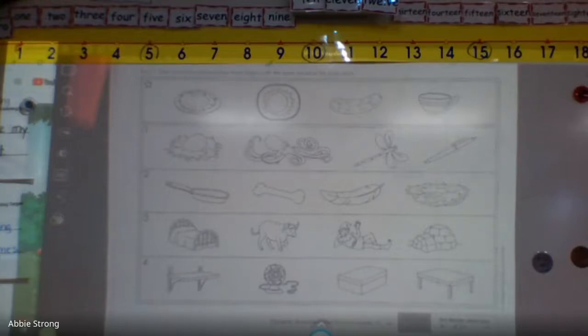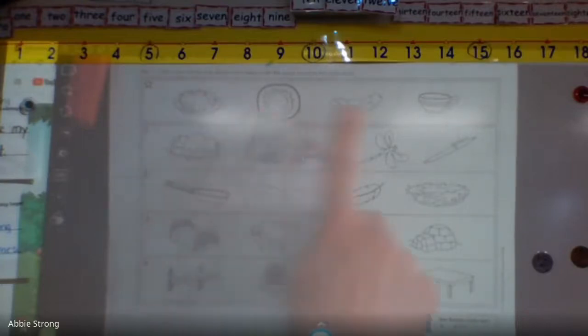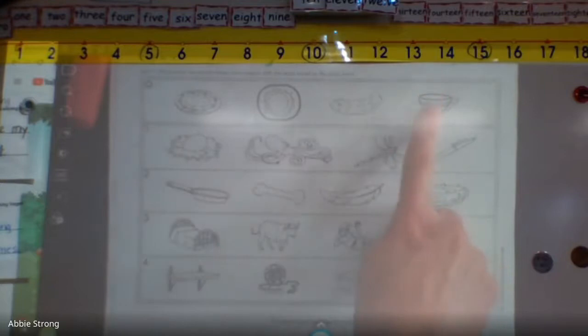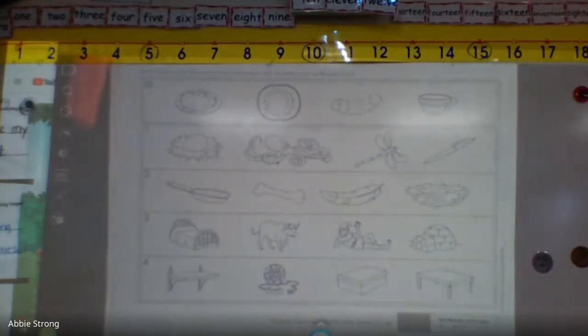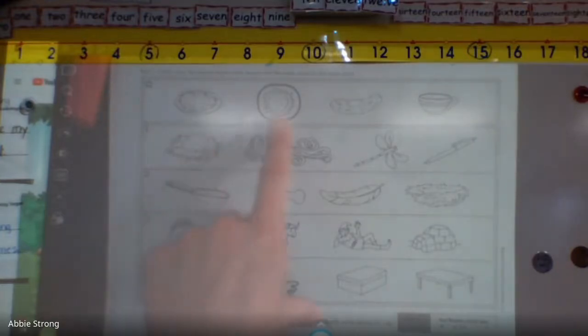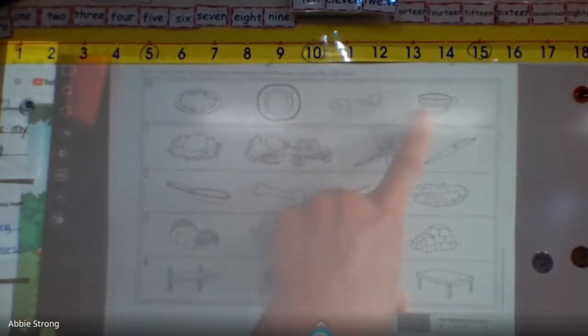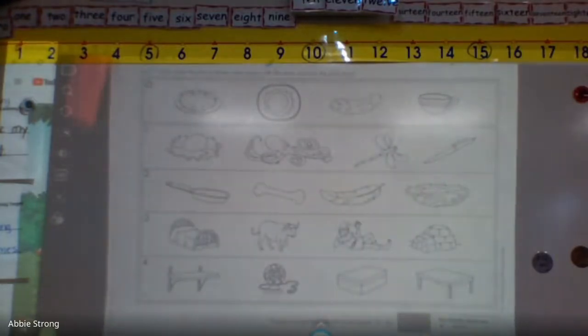Look at the 4 pictures in this box. You have a plate and a sun, a pickle, and a cup. Listen to this word, sock. Sock, like what you wear on your foot, your sock. Which picture starts the same way as sock? Matthew, your 4 choices are the plate, the sun, the pickle, or the cup. Which one starts the same way with the same letter?